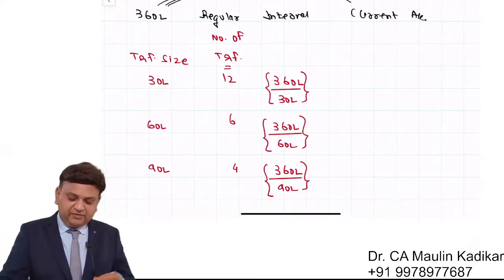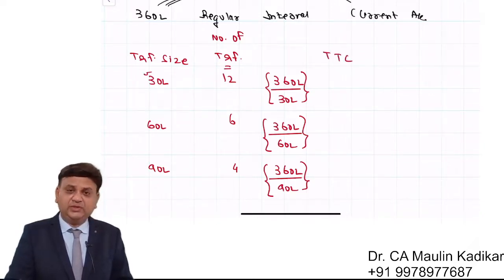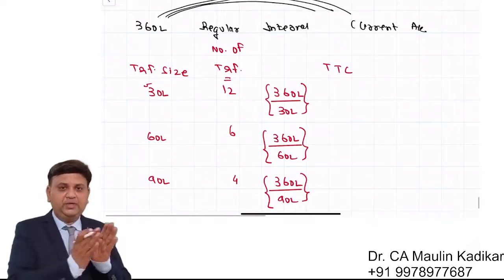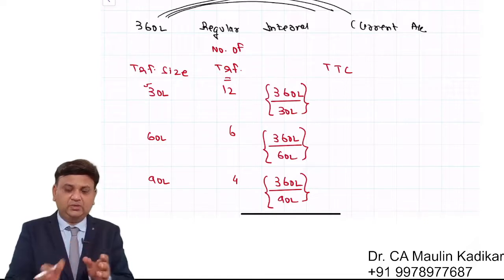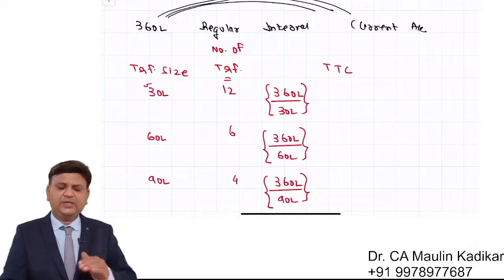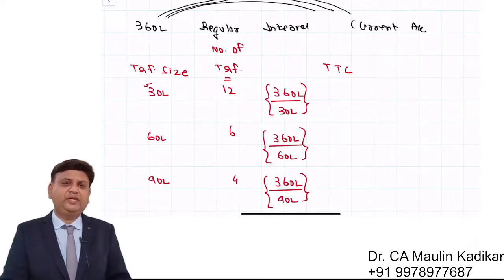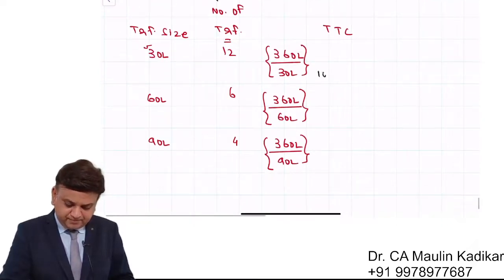Based on that, we will be having total transfer cost. Every time you transfer 30 lakh rupees from liquid securities to current account, in 1 year there will be 12 transfers. We understand that, for example, every time you transfer the funds, you have a cost of 1000 rupees.